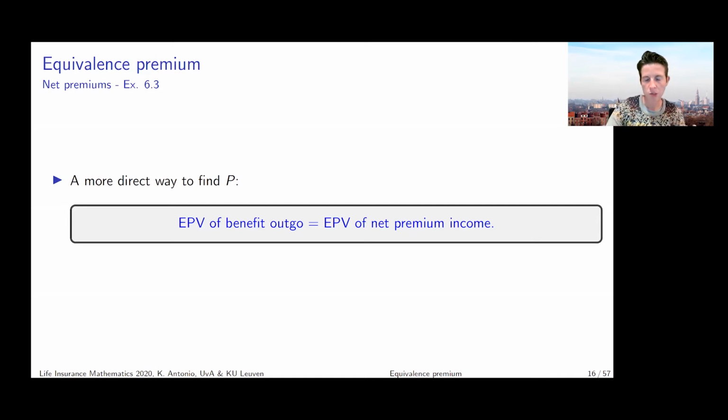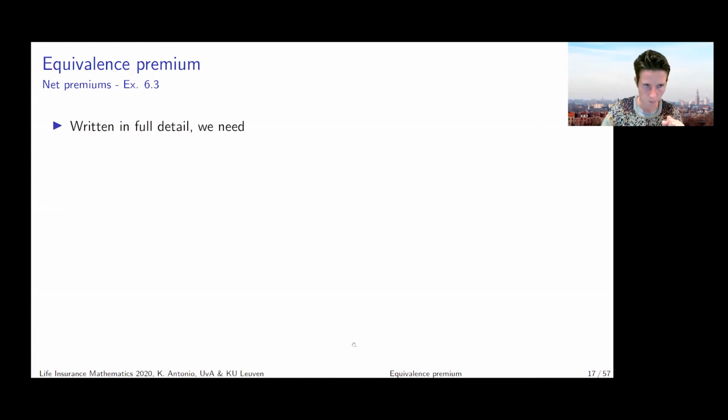You can immediately see that once you become quite familiar with this way of working, you would directly write down the EPV of the benefits, put it equal to the EPV of the premiums, and solve for the unknown premium symbol, right? So once you are familiar with this way of reasoning, this is the more direct way to find the premiums.